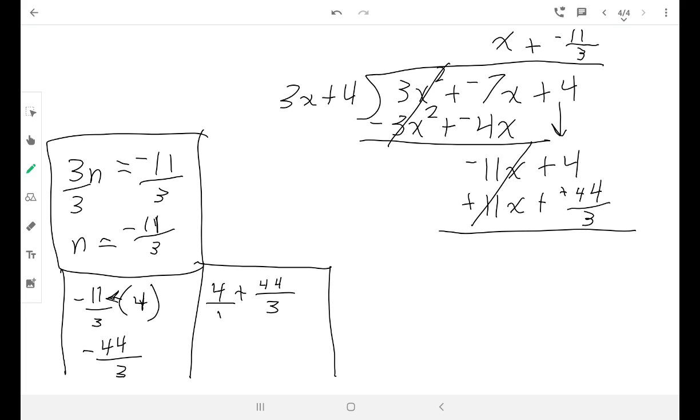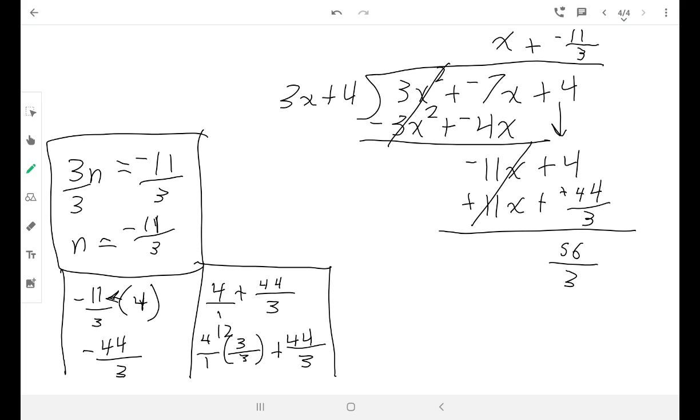I'm going to make it 4 over 1, and I'm going to multiply the 4 over 1 by 3 over 3, so I get common denominators, and then you add the numerators, the top numbers. So 4 times 3, that's 12. I'll just make a little note here that that's 12, so I need to do 12 plus 44, and what is that? 12 plus 44, well, 10 plus 44 would be 54, and 2 more would be 56 over 3.